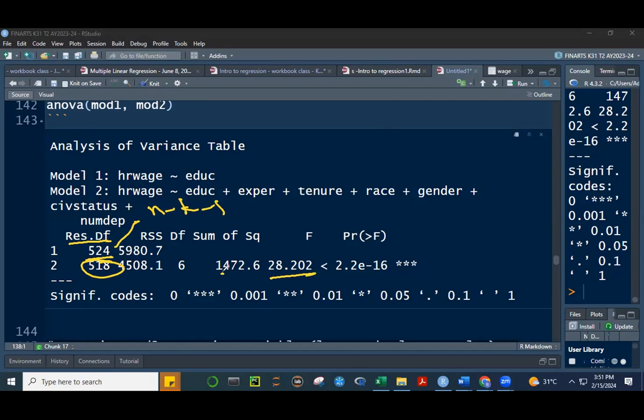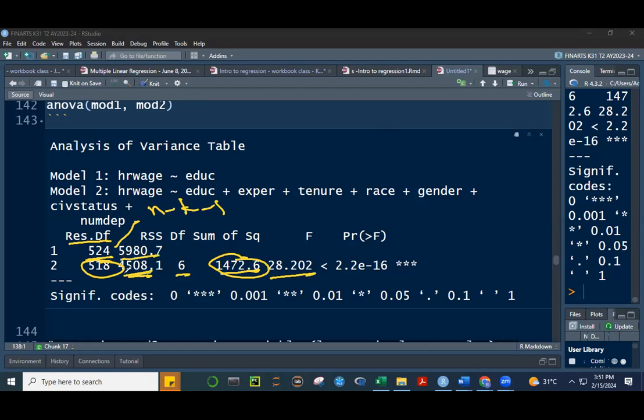Okay, this is just the sum of squares. This is 4508 divided by 6. Sorry, class, the difference.